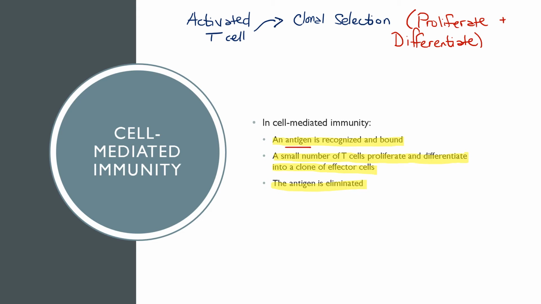Now remember that antigen receptors on the surface of T cells, which are called T cell receptors, will recognize and bind to specific foreign antigen fragments that are presented in antigen MHC complexes. So T cell receptors, these are also called TCRs. These will recognize and bind to these antigen fragments.